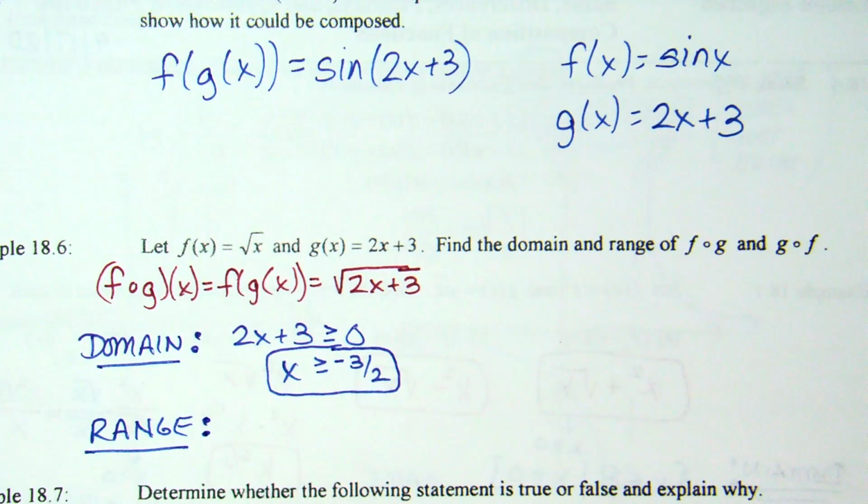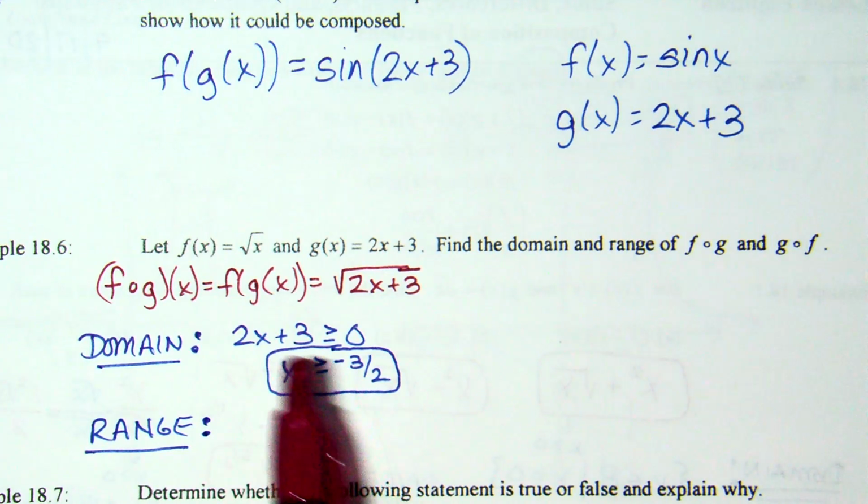Okay, so the y values, or in other words, the output values, that's what we're trying to do for range, yes? So when you look at the output of the square root of 2x plus 3, what kind of values have to come out? Positive values, because any square root has to be greater than or equal to 0.